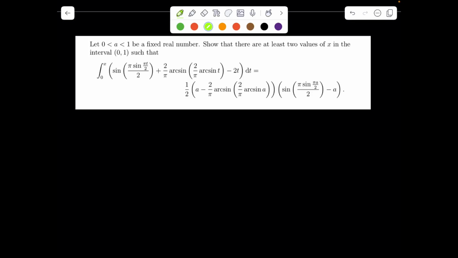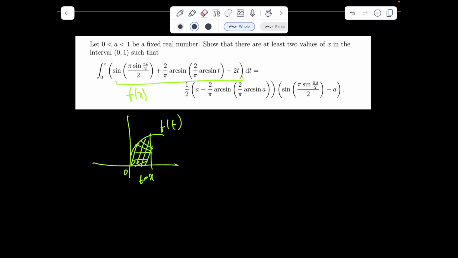A is a fixed real number so that there exists at least two values of x in the interval such that the function f of x given in the LHS, because clearly this is a function of t, and if we integrate from 0 to x, so let's say if it is some f of t, by integrating from 0 to some particular value t equal to x, we'll get an area which will depend on x, right?